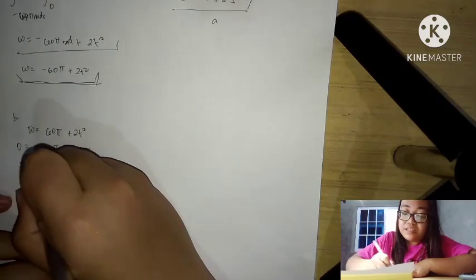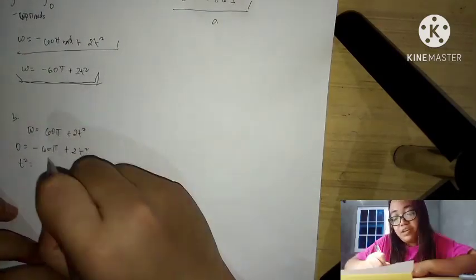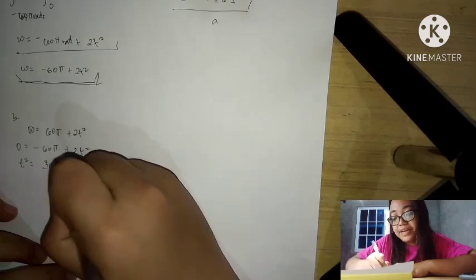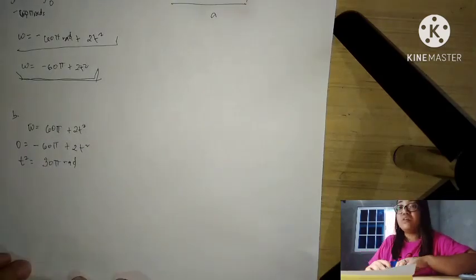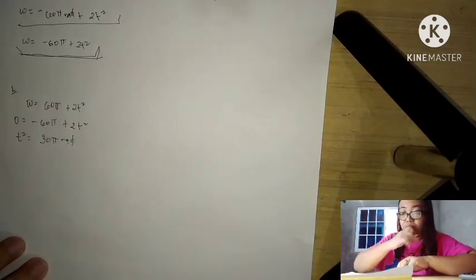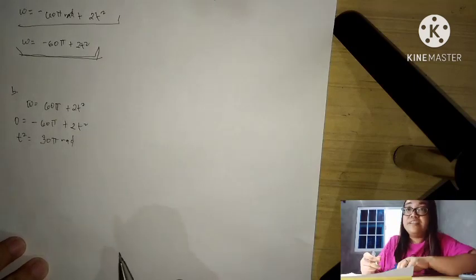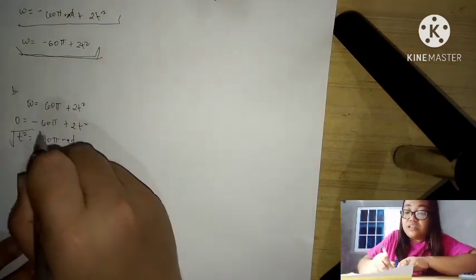So, t squared natin is equal to 30 pi. Then, i-square root na lang natin.